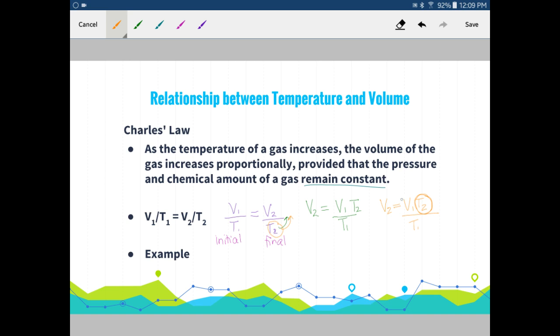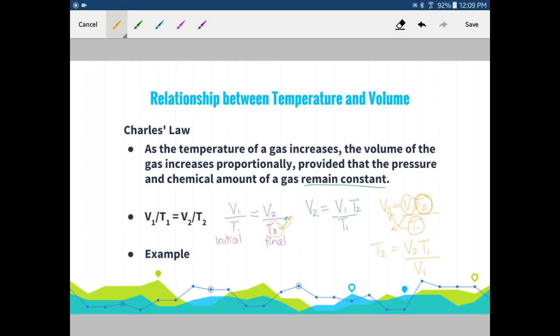So because I'm multiplying V1 times T2, I then divide by V1. And because I'm dividing by T1, I multiply by T1. So then I would get T2 equals V2, and again, I'm going to multiply this guy up and divide this guy down. So I get V2 times T1 over V1.